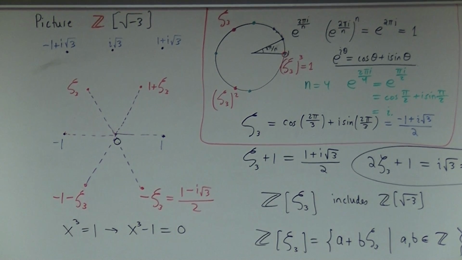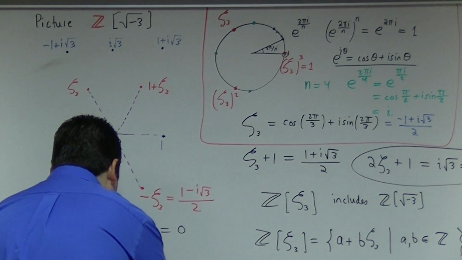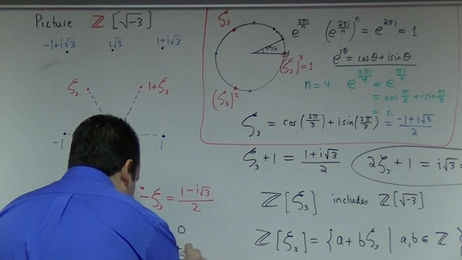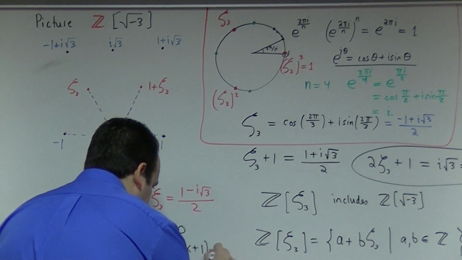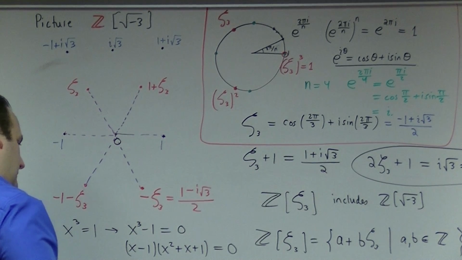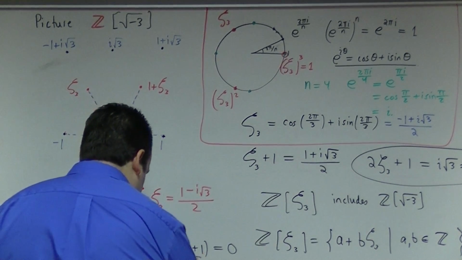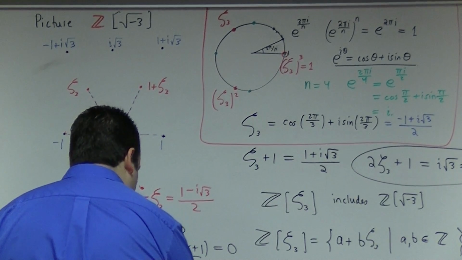You can factor that into x minus 1 times x squared plus x plus 1. It's not 1, so it's a solution to x squared plus x plus 1 equals 0. So the third root of unity solves this.